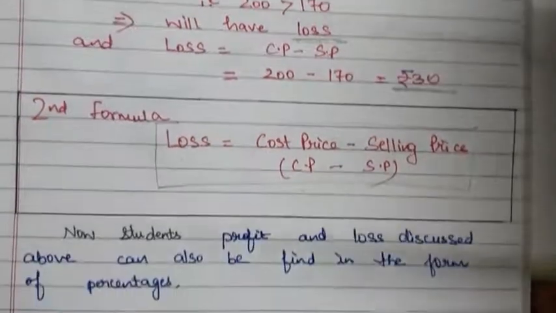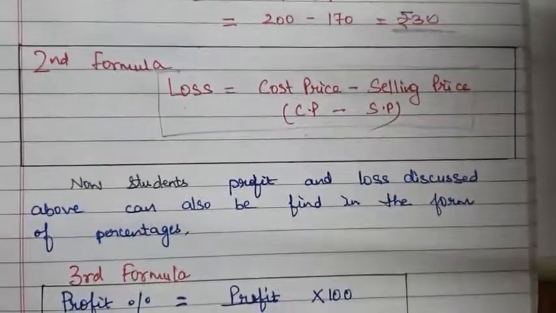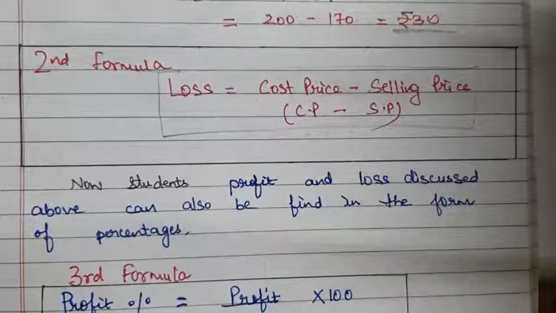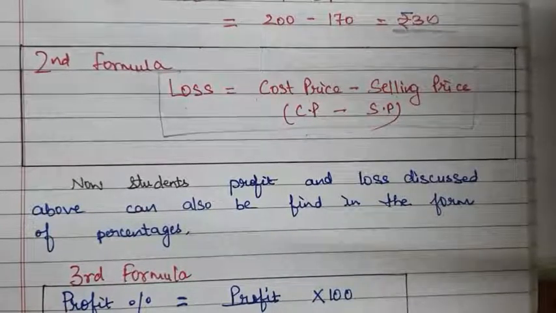Now children, profit and loss discussed above can also be found in the form of percentages. In this chapter, we will find profit percentage as well as loss percentage. So what is the formula for profit percentage?